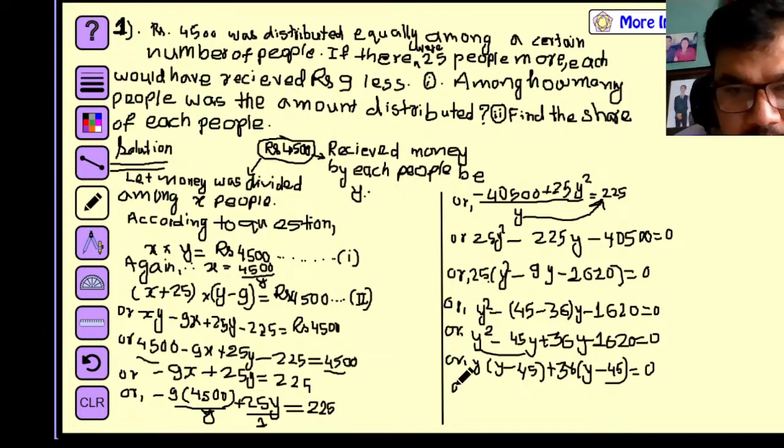Then now we can take them common. Let's take this y minus 45 common. Then what is remaining here? y plus 36 remains here, because if we have taken y minus 45 common, here is remaining y, here is remaining plus 36, and equals to 0.